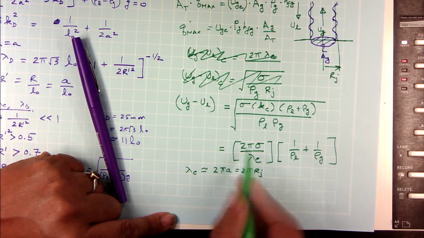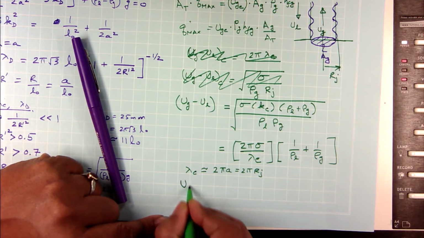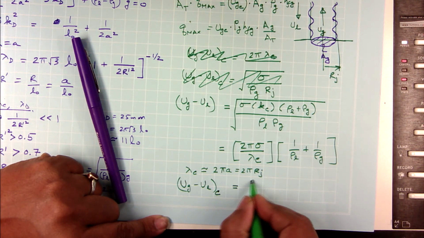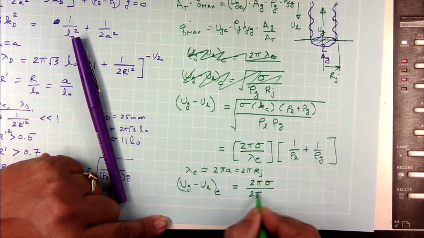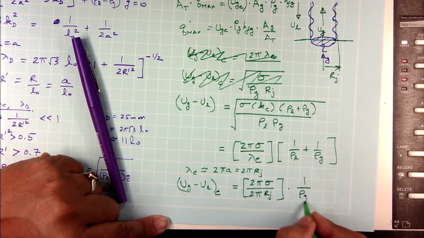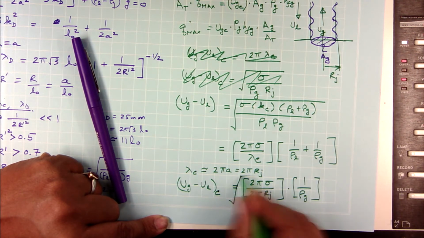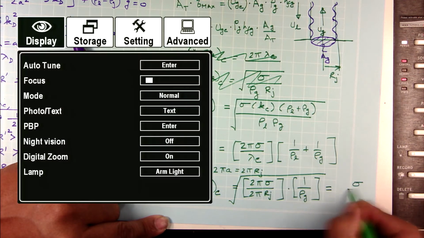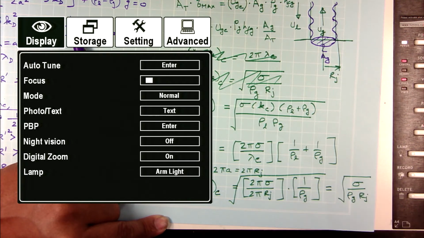So if I substitute it, then the critical value UG minus UL becomes 2 pi sigma divided by 2 pi radius of jet times 1 by rho g. I am neglecting rho L. So in essence this simplifies to sigma divided by rho g times radius of jet. You all with me on this?